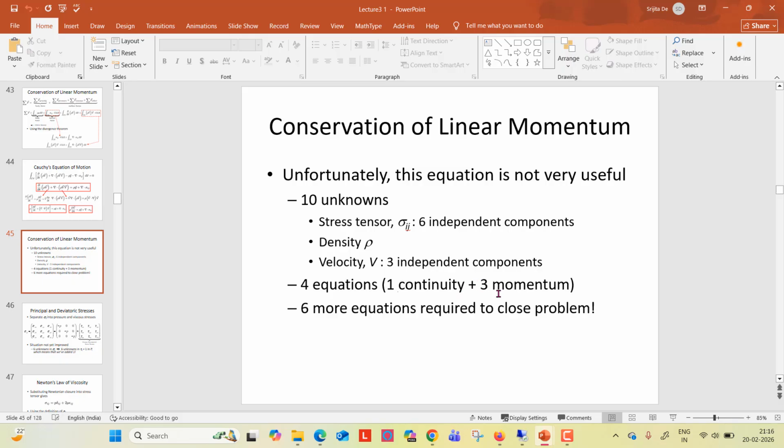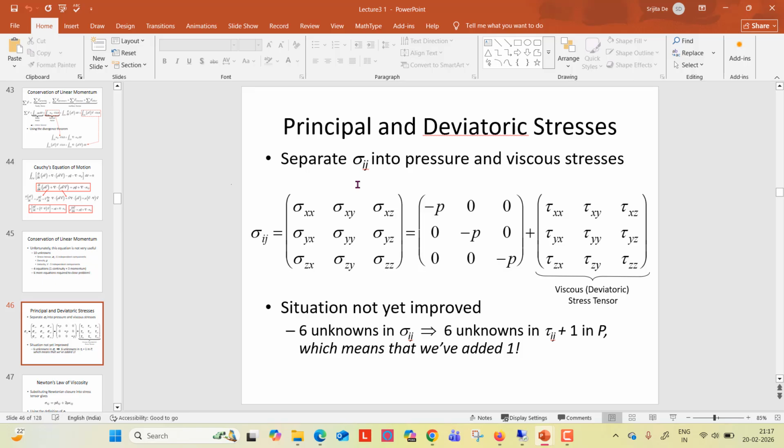That is why the Navier-Stokes equations in their original form are not solvable, because we have to reduce the number of dependent variables. Now here the six unknowns are there, and another unknown is included, which is the pressure term.